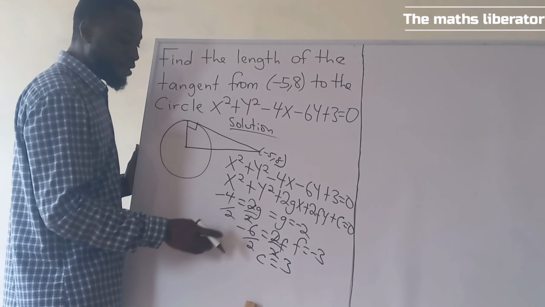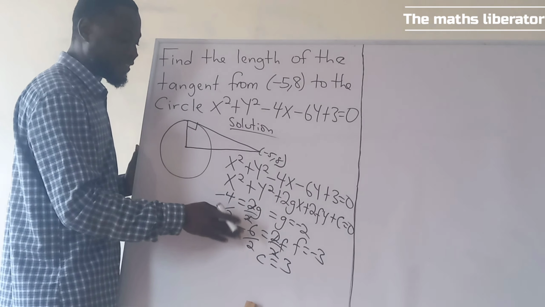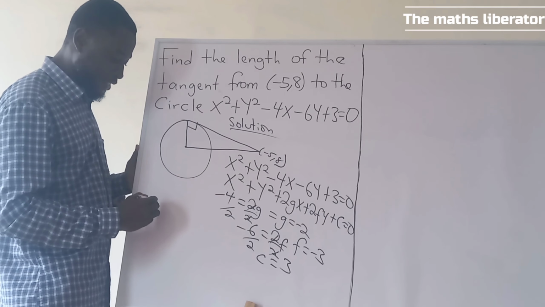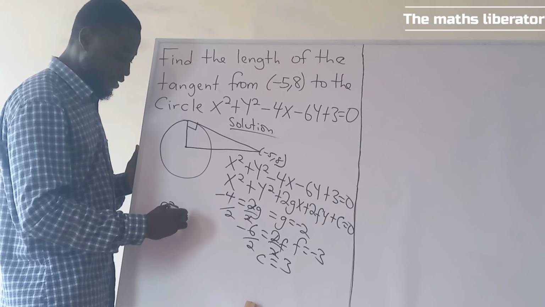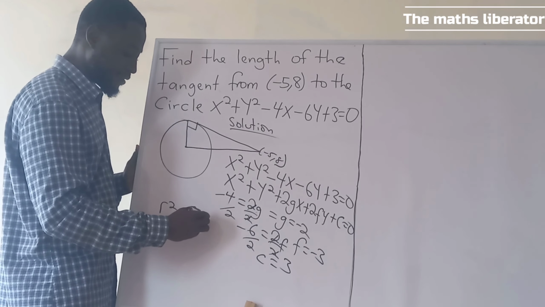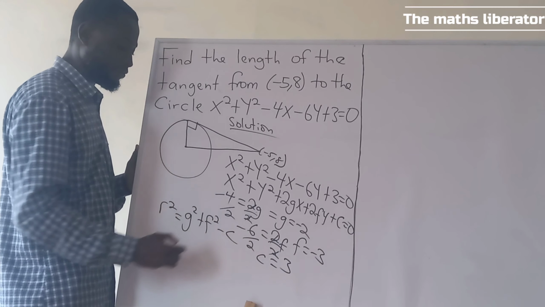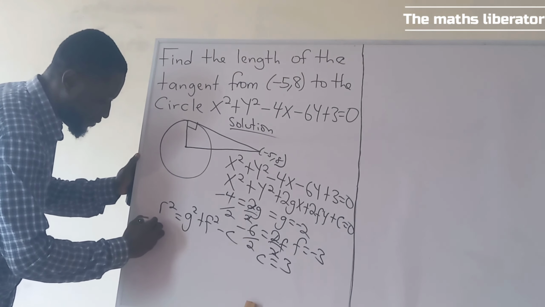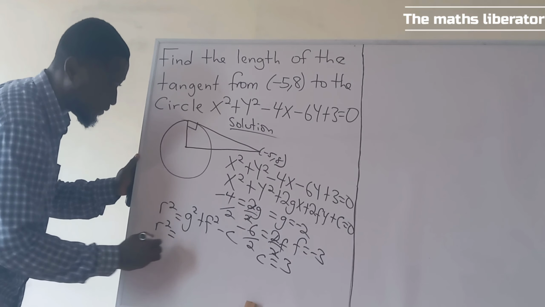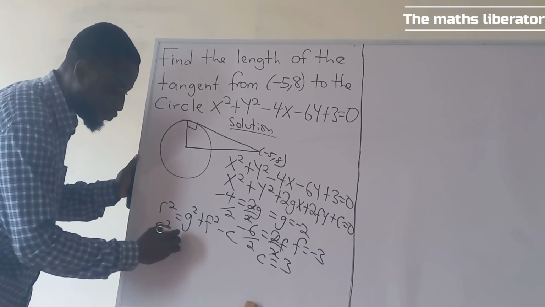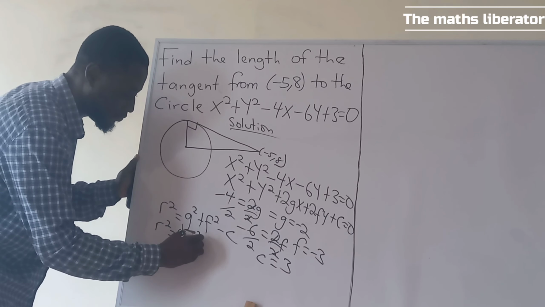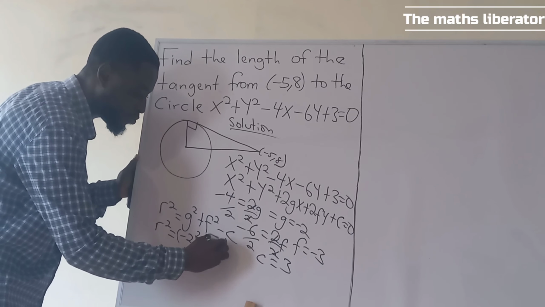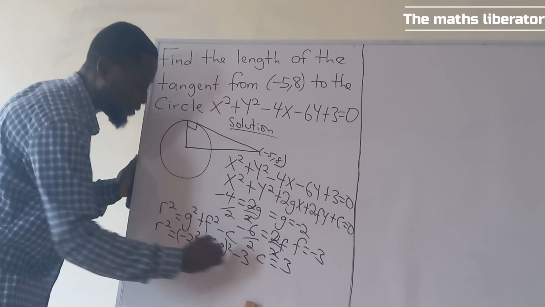Now since you have gotten the g, the f and the c, we can get the radius by using the equation r squared equals g squared plus f squared minus c. Our g is negative 2, so negative 2 squared plus our f, which is negative 3, so negative 3 squared, minus c, which is 3.